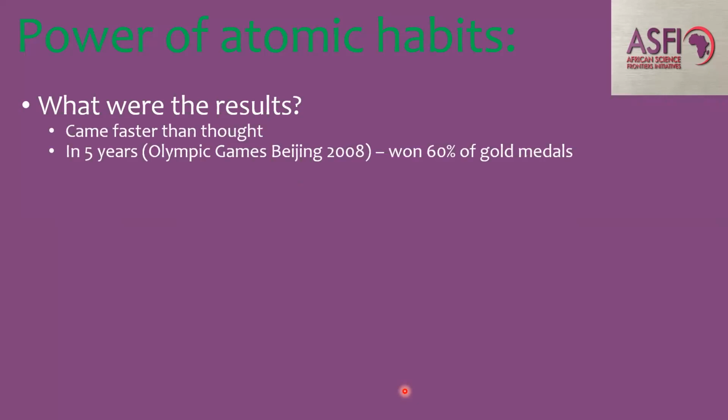The result came faster than thought. In 5 years, remember, between 1908 and 2008, the British cycling team had only won one gold medal in the Olympics. From 2003 to 2008, when this process started, they won 60% of gold medals from the Olympics.